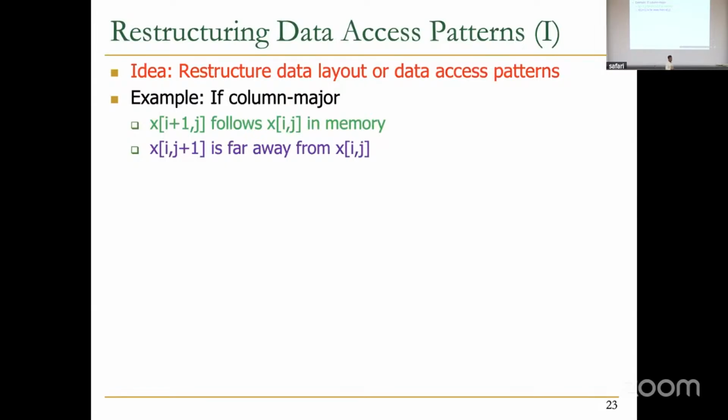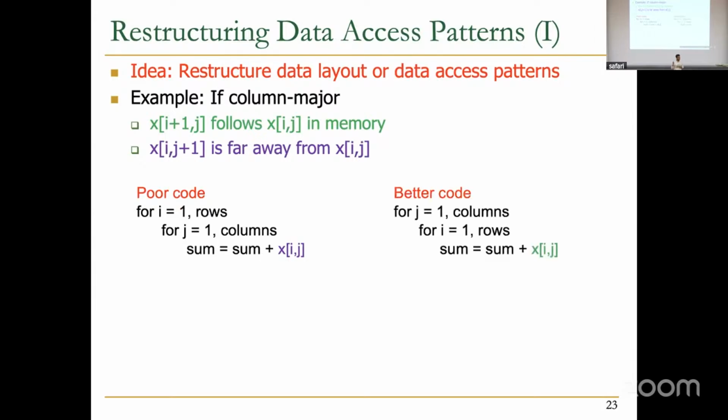Okay, so if you know that this is the column major layout that you have employed, would you write this code? Because this is what we typically write, right? We iterate over rows, we iterate over columns, and then we do some sum. So would you do this, or would you prefer this? If you go for the row major access, you are first iterating over rows and then iterating over columns.